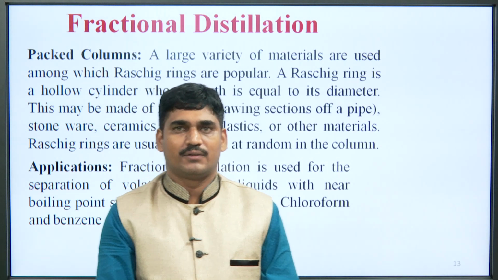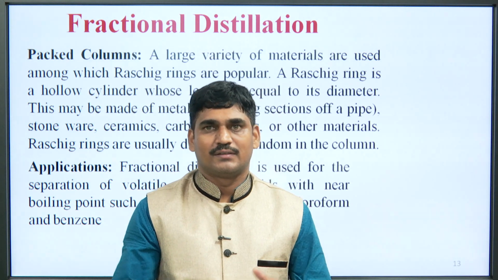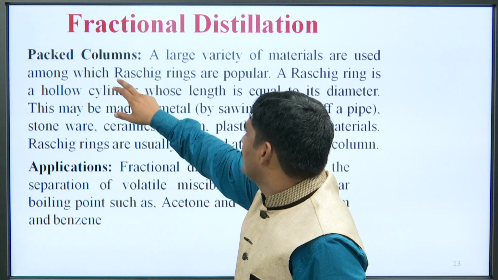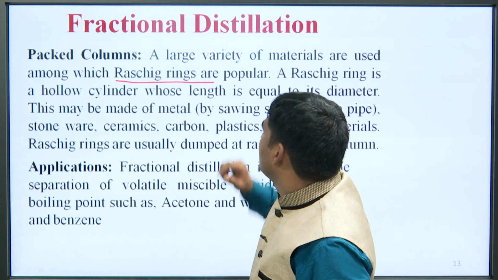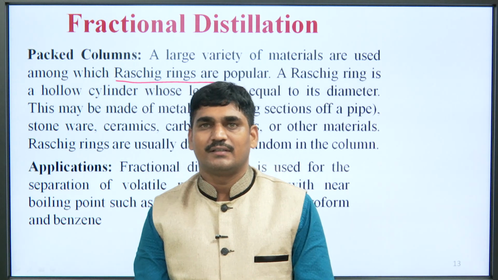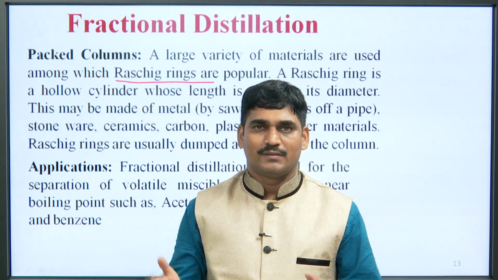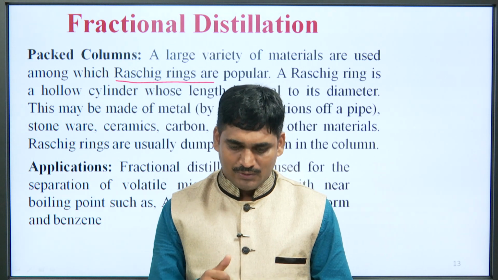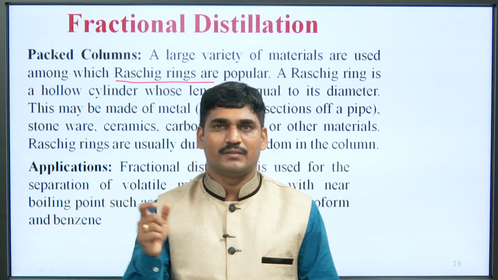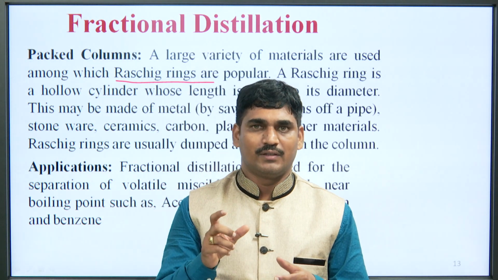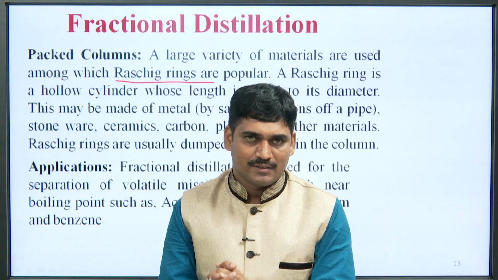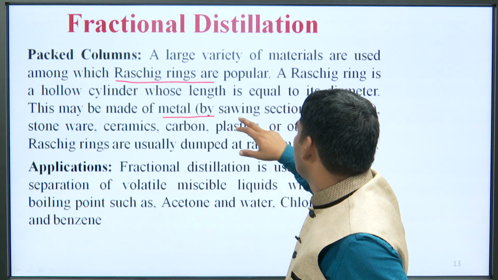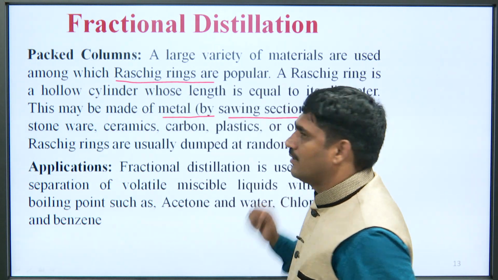In packed columns, a large variety of materials are used, mainly Raschig rings. These rings are hollow cylinders whose length is equal to their diameter, and these rings are made of metal by sawing sections of a pipe.